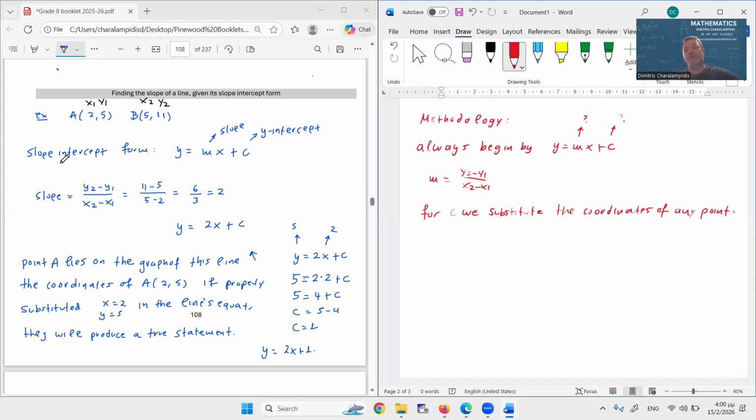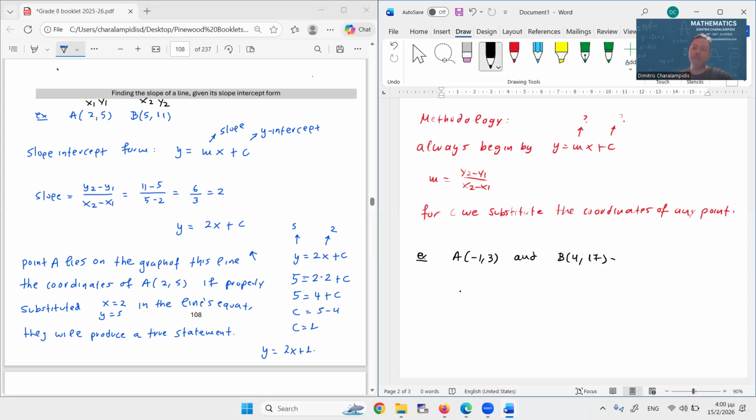Let's do some examples for practice. Let's find the slope-intercept form of the line that passes through A(-1, 13) and B(4, 17).